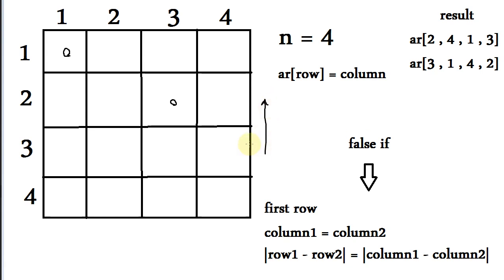When it goes up, the thing that happened here is it places the queen here, and the queen in this place gets erased, and it starts from the next row and compares.